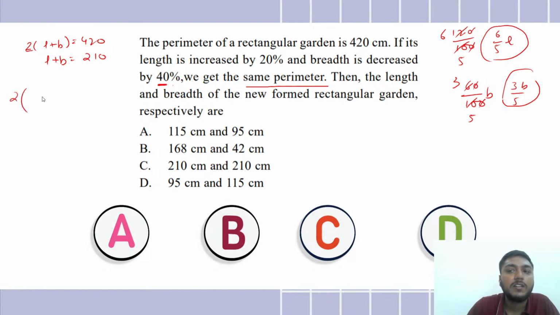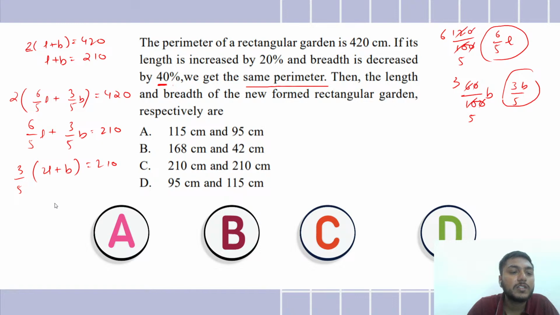That means 2 into 6 by 5L plus 3 by 5B remains 420. So we will write 6 by 5L plus 3 by 5B as 210, right? Now again we will take 3 by 5 common and we will get 2L plus B as 210.